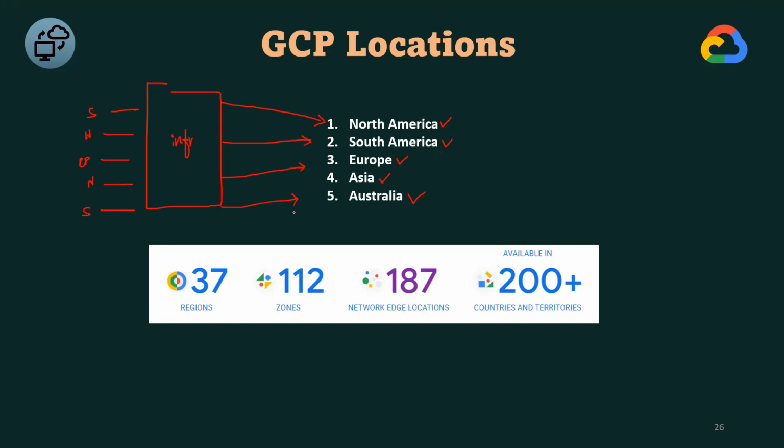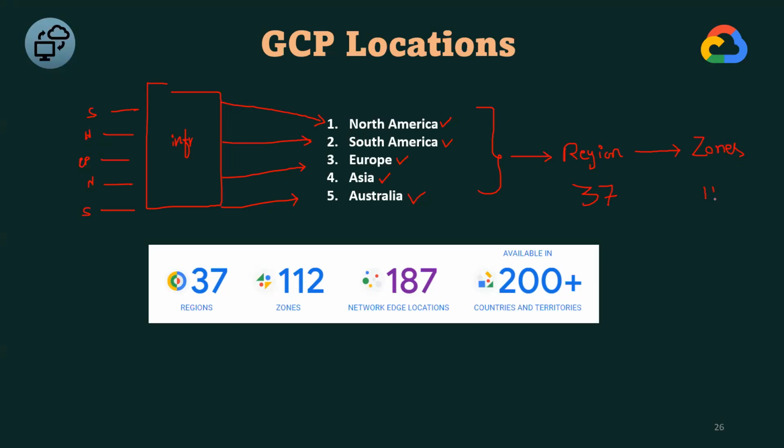These five locations are further divided into regions. Google has 37 regions until today, and these regions are further divided into zones.